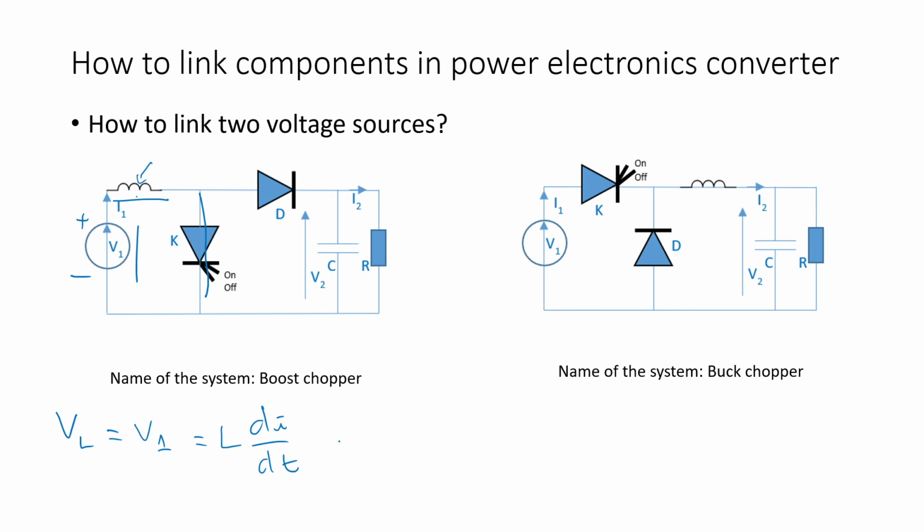And then because this is constant, you have I equal to V1 over L integral dt from 0 to, you can call this tau, and then 0 to t. So you can have current increase gradually from 0 to a certain value, not jump sharply, right?